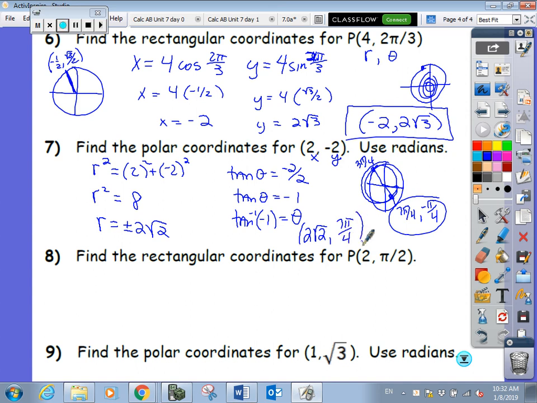You like positive angles, use positive. 2 root 2 goes with 7 pi over 4. Positive 2 root 2 goes with negative pi over 4. It's the same. If you had decided to go left and then around, that would have affected your angle. Or left and then up and around, you could have done that also.